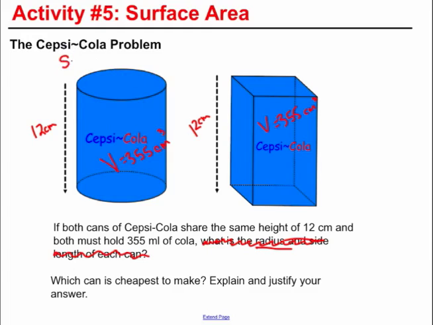So I'm going to jot down the surface area of a can as 2 pi r squared. That looks a little messy. So let's do this again. 2 pi r squared plus 2 pi r h. And we know, so just to label, this is the h, and there's the r.